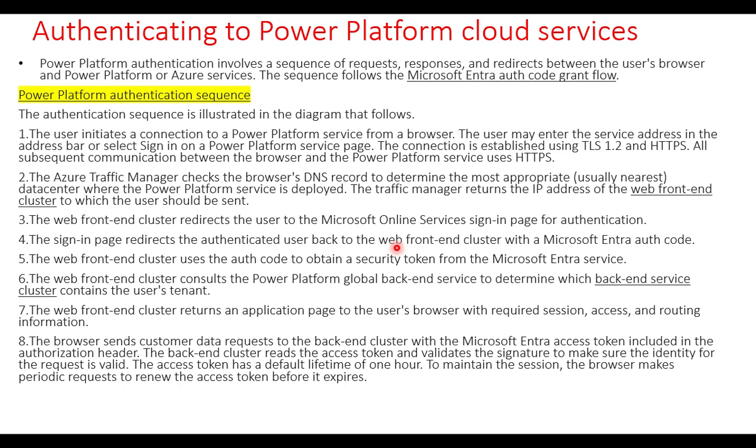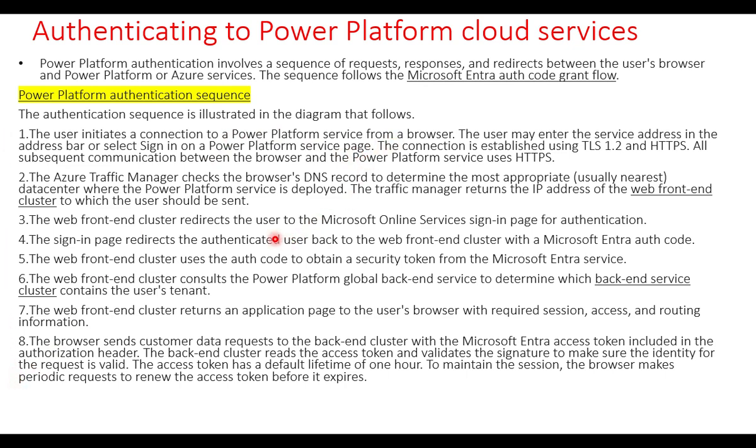Now coming to authenticating to Power Platform cloud services. Power Platform authentication involves a sequence of requests, responses, and redirects between the user's browser and Power Platform Azure services. These are the steps followed in the authentication sequence.